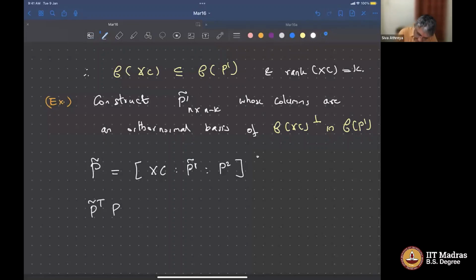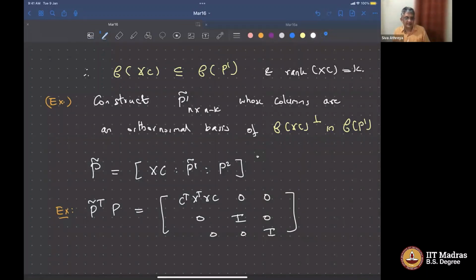Now, if you notice, just one small thing, P tilde transpose P, a simple exercise I'll let you figure out, it's not that hard, is going to be equal to, in the first entry, C transpose XC. Then everybody else will be 0. This will be identity again, 0, 0, 0, identity. That's just by the definition of P1 tilde and P2.